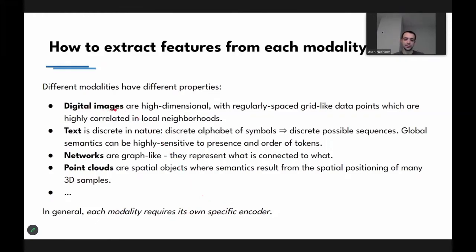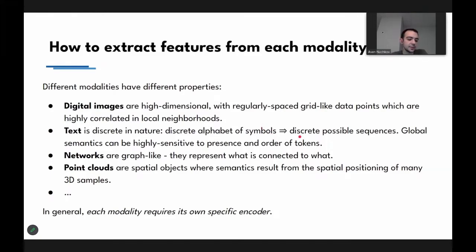Digital images, as we saw, are very high dimensional. They have data points which are regularly spaced along a 2D grid. Text, as we saw, is discrete in nature. Typically, we have a discrete alphabet of symbols which can generate a discrete number of sequences.